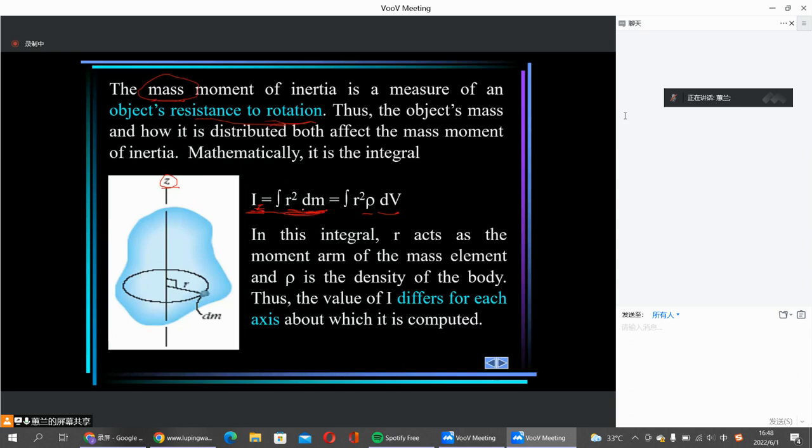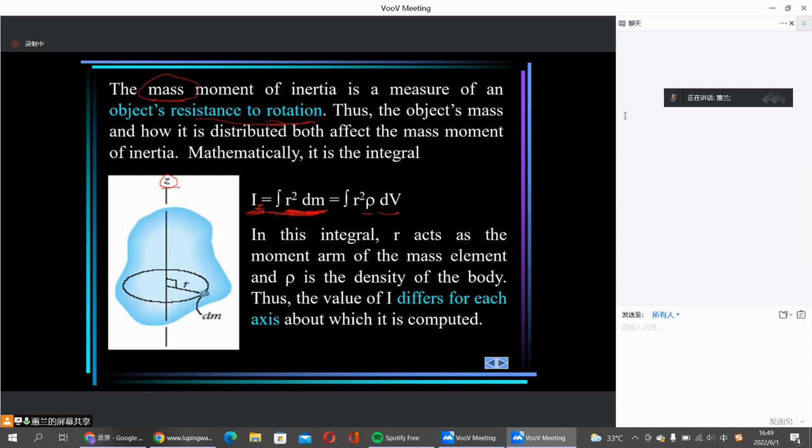So according to the definition, the mass moment of inertia is related not only to its mass, but also to how the mass is distributed, right? Also, the mass moment of inertia differs for each axis about which it is calculated.